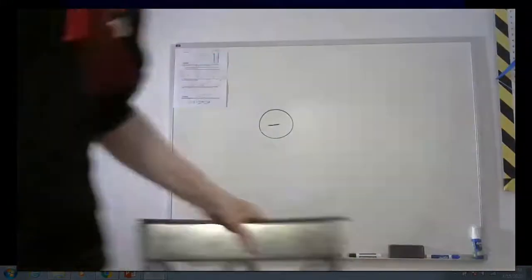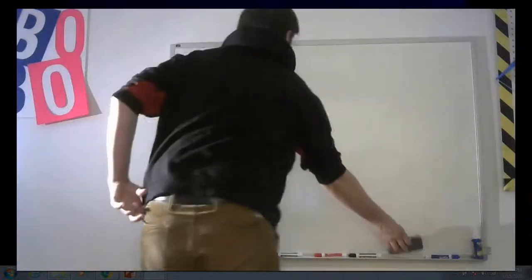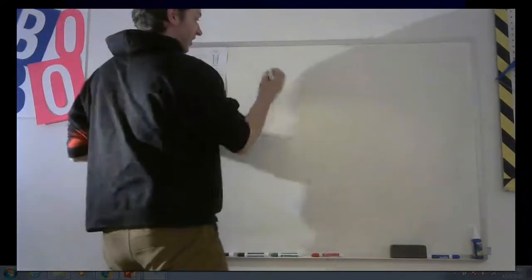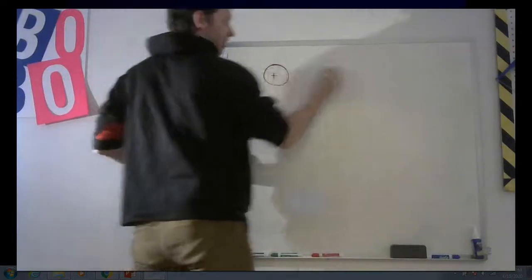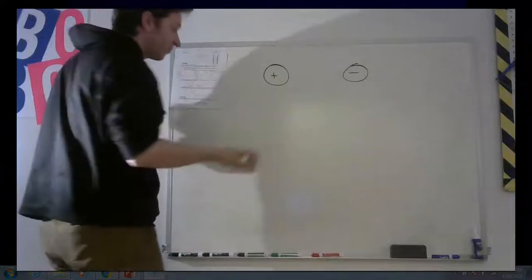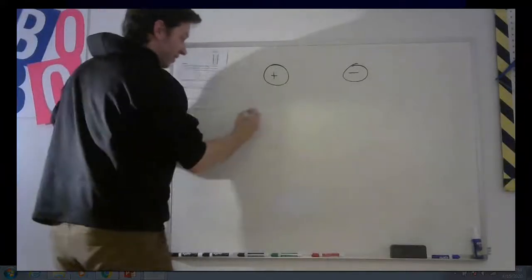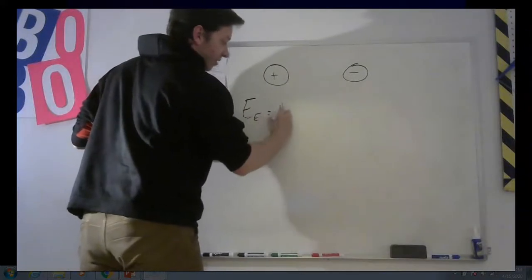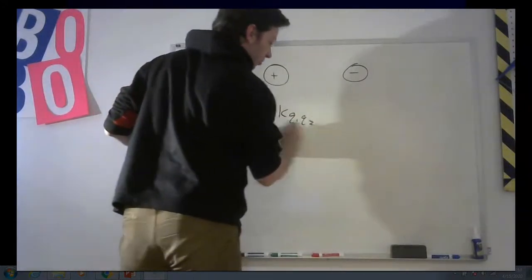We've learned a couple of equations. If you're dealing with point charges, like this charge and this charge, you might want to use, depending on what I ask you, the equation to calculate potential energy as k q1 q2 over r.